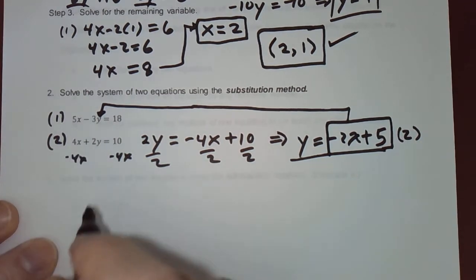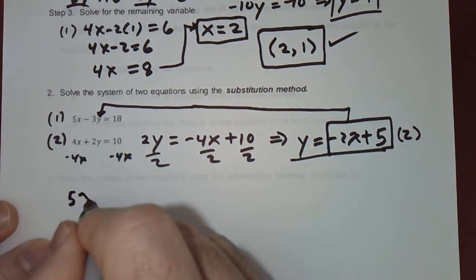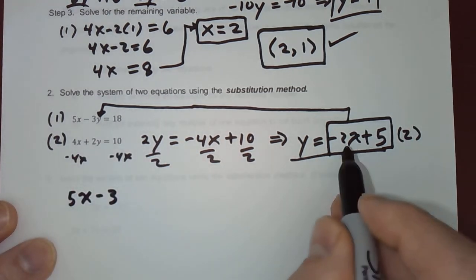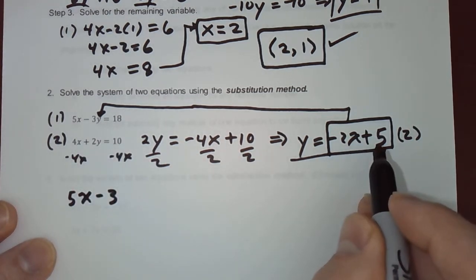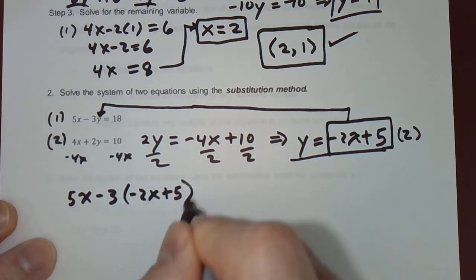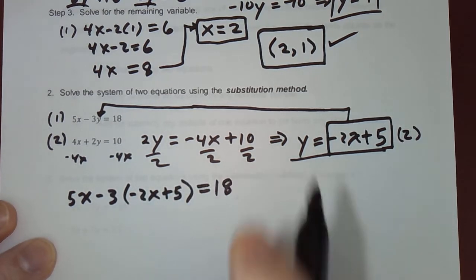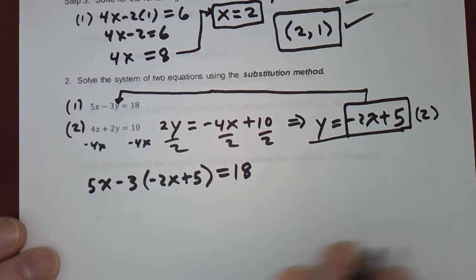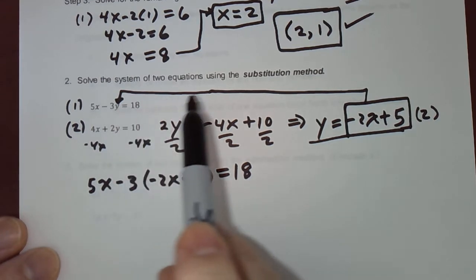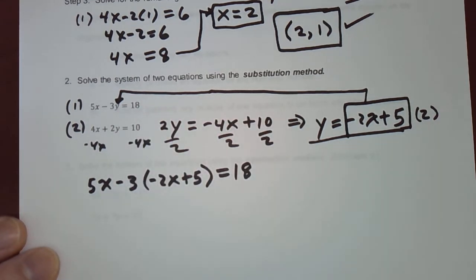So equation number 1 turns into 5x minus 3y, but y is actually this expression here in parentheses, negative 2x plus 5, equals 18. So notice that is equation number 1. The only replacement we made is we removed the y and replaced it with negative 2x plus 5.